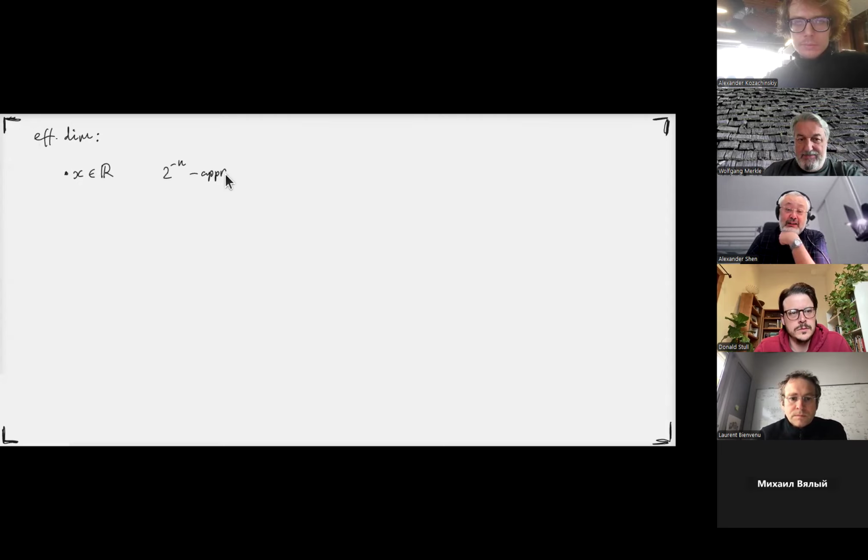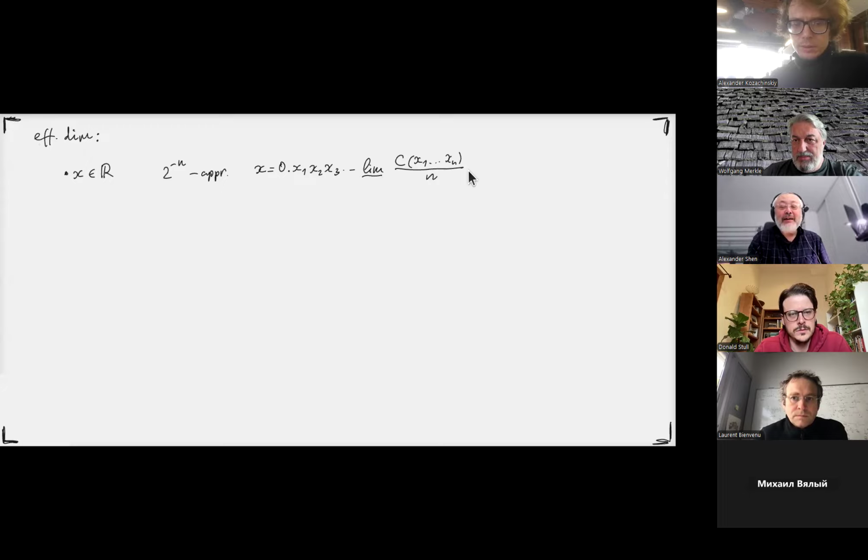One of the simplest ways is to take a representation of the number, take the complexity of the first n bits divided by n, and then take the limit. The question is which limit you take if it's not converging. You can take lim inf or lim sup.